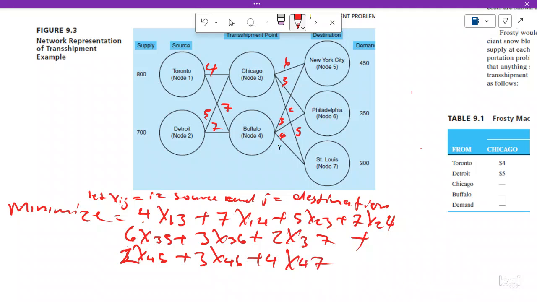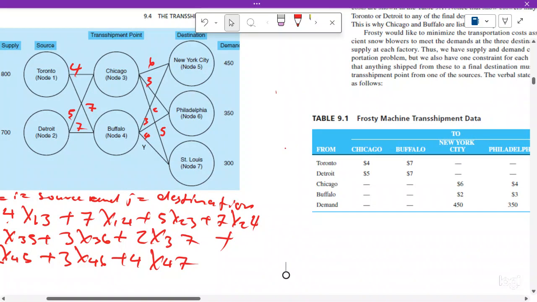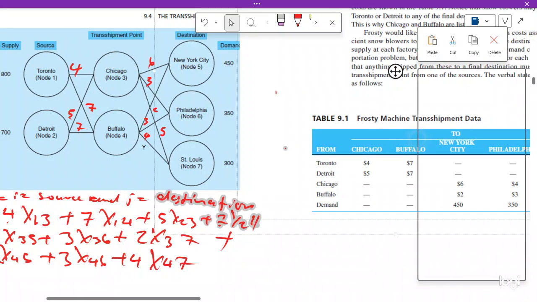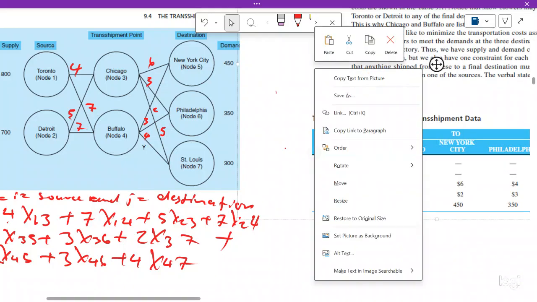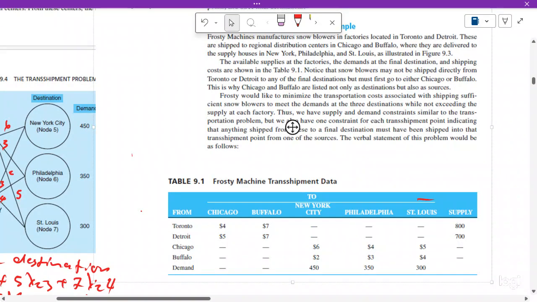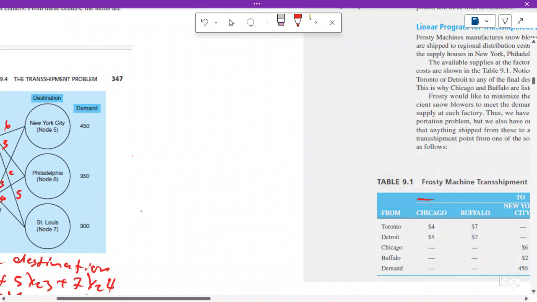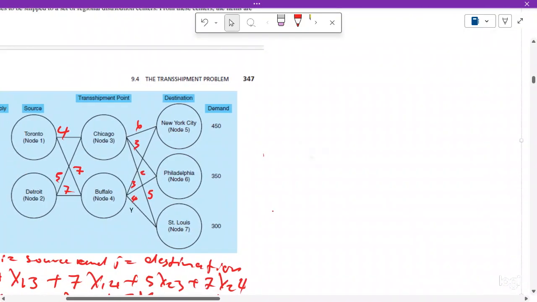Right, then that's your minimizing of cost. Subject to the constraints, I'm going to take this guy and move him away.